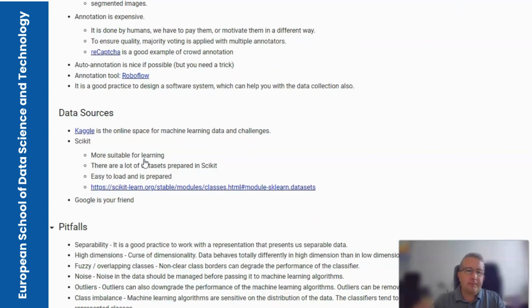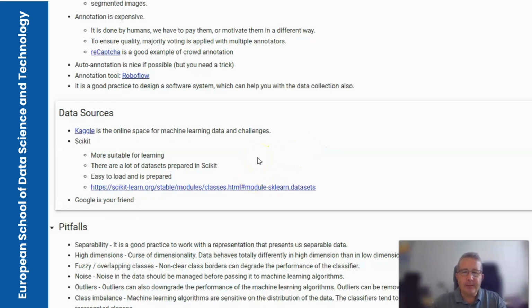If you are lucky, then you may find already existing data sources, and this is a good idea for starters, for beginners, to look up Kaggle. If you want to participate in a challenge, then you will also find some challenges on Kaggle.